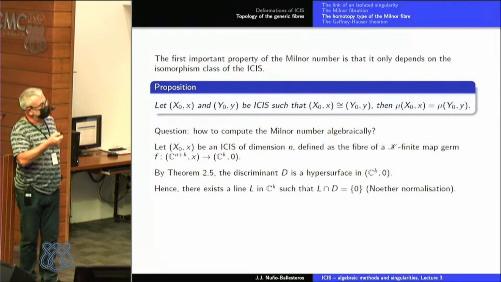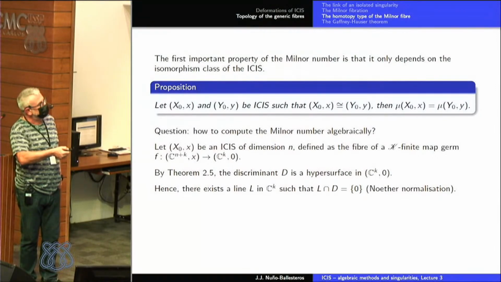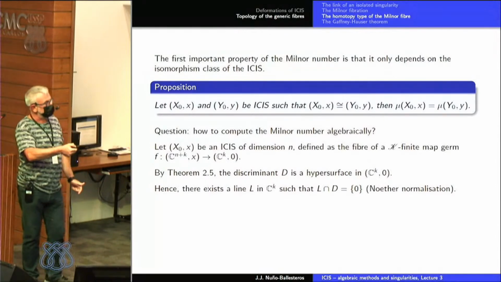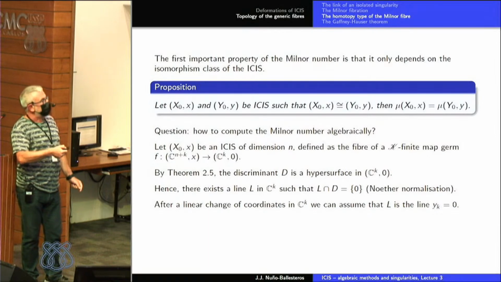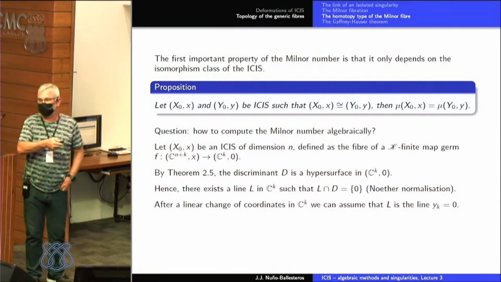Then there is a well-known theorem in analytic geometry, which is called Noether Normalization, that when you have a hypersurface, then you can choose a line L through the origin, such that the intersection of the line with the hypersurface is only the origin. So this is a consequence of the Noether Normalization. Then, after a linear change of coordinates in C^k, we can assume that this line is the line y_k equals 0.